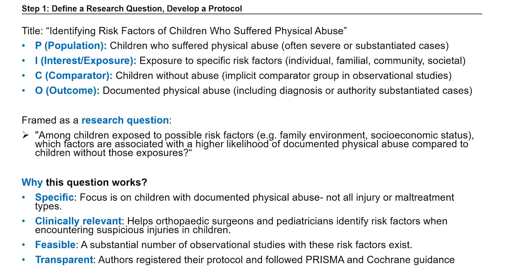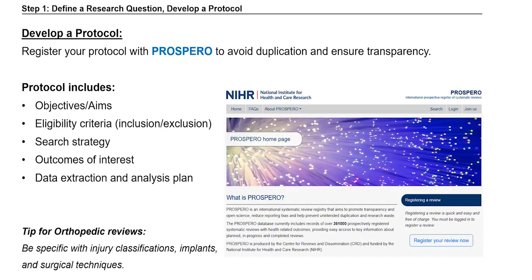Feasible: obviously, a substantial number of observational studies on these risk factors were available, and we found a good number of them, as we will review. And it's transparent: the authors registered the protocol and followed PRISMA guidelines to prepare this report.